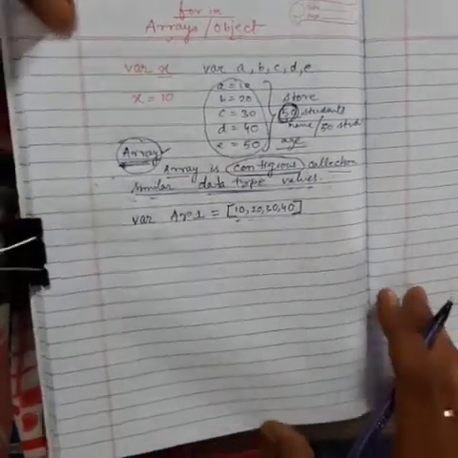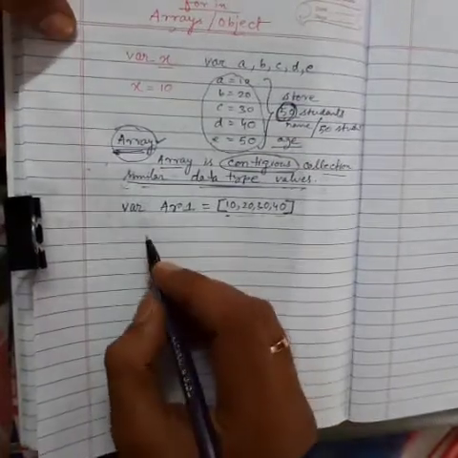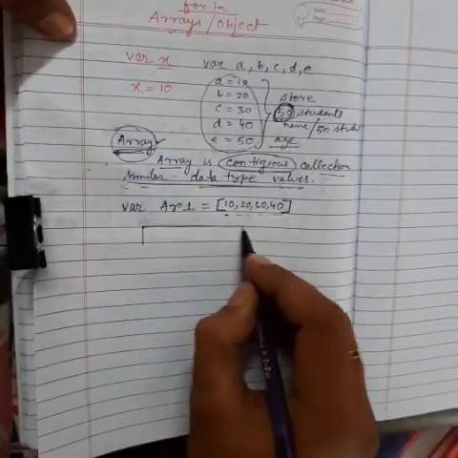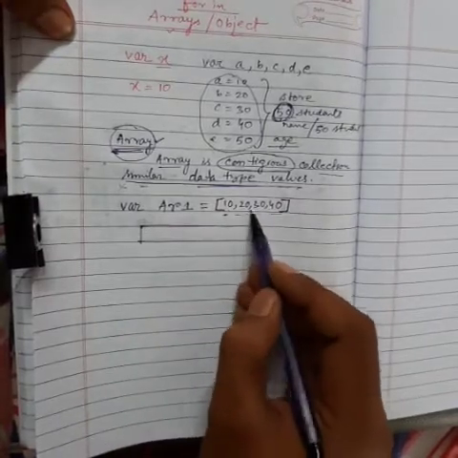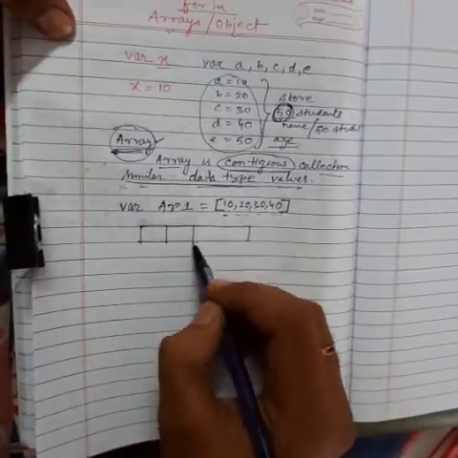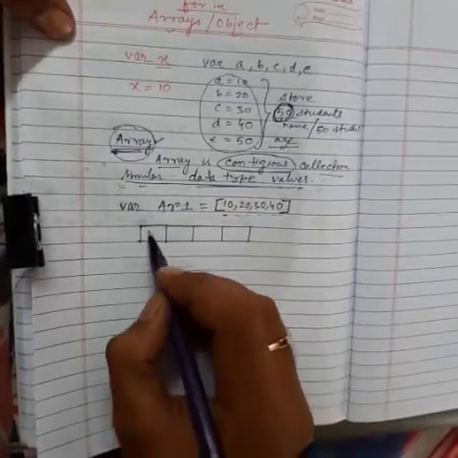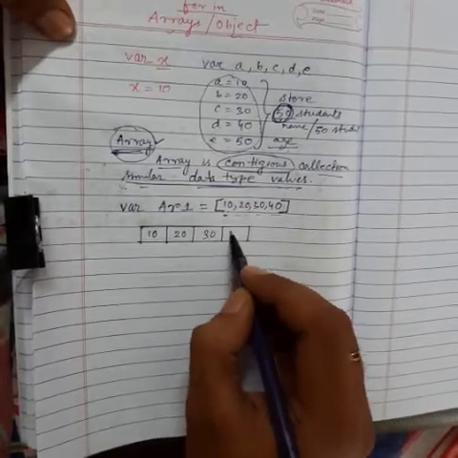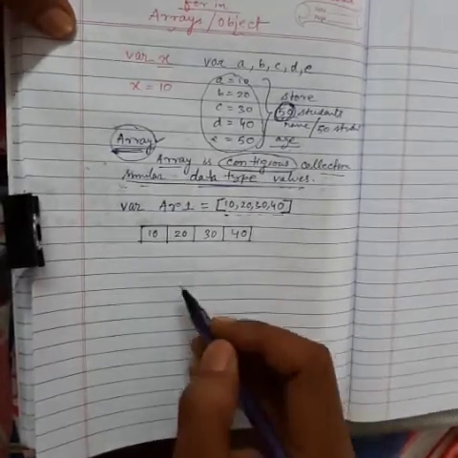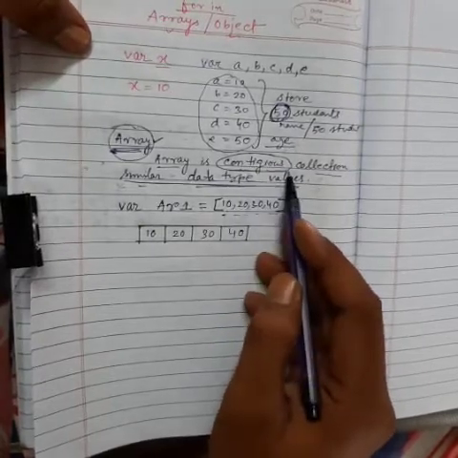Now let me show the graphical representation of this array. Since we can see 4 values here, we'll simply divide this part into 4 equal parts. Now in each block values will be stored: 10, 20, 30 and 40. A few points we have to remember: it is a contiguous collection of memory.